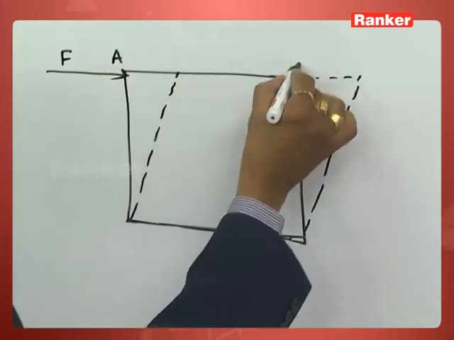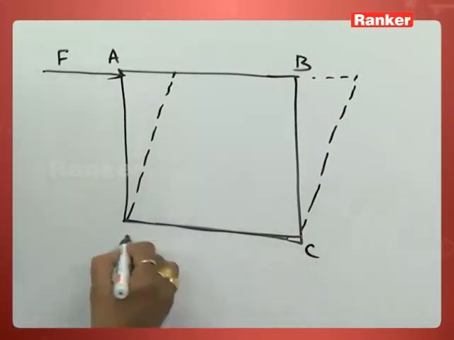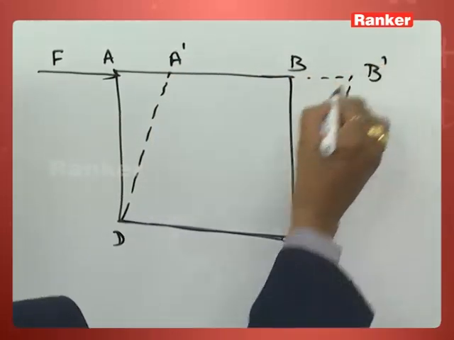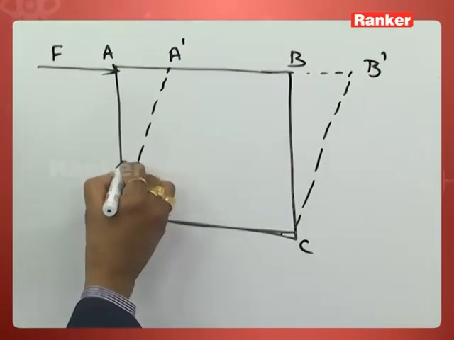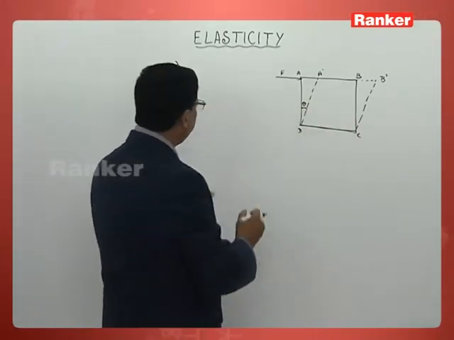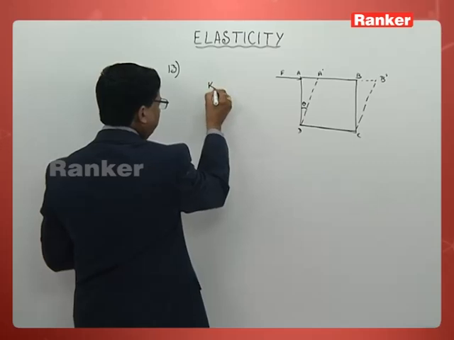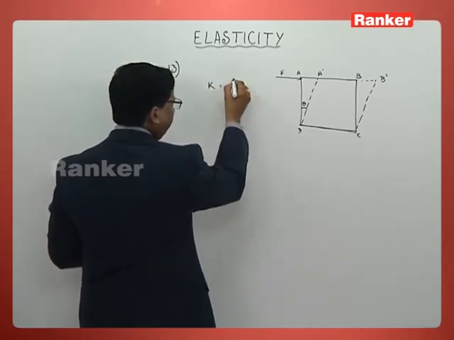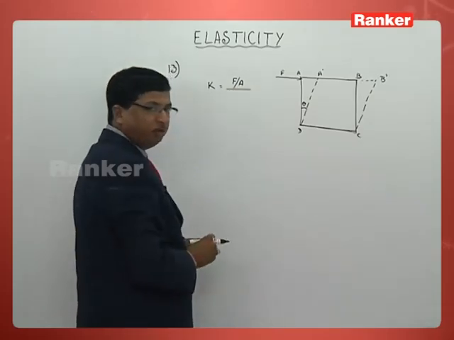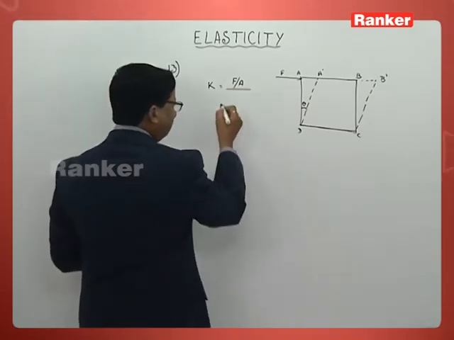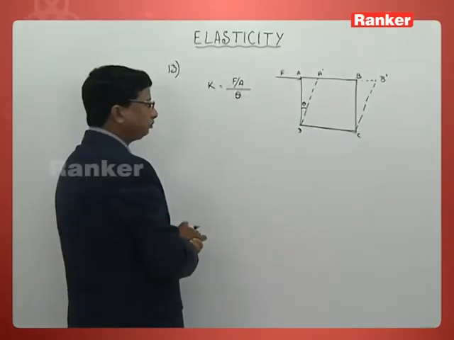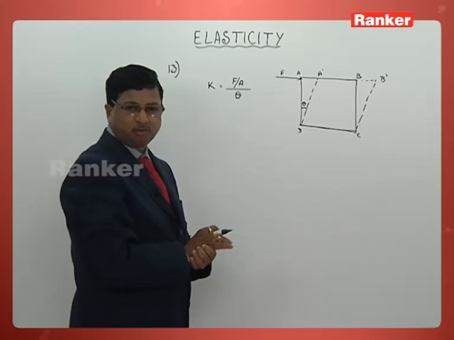If I take this one as A, B, C, D, the cube, A is now going to A dash and B is now going to B dash, making an angle theta over here. Then all of you can understand well, the modulus is tangential force per unit area of cross section, by, actually speaking, theta. That is actually the concept.